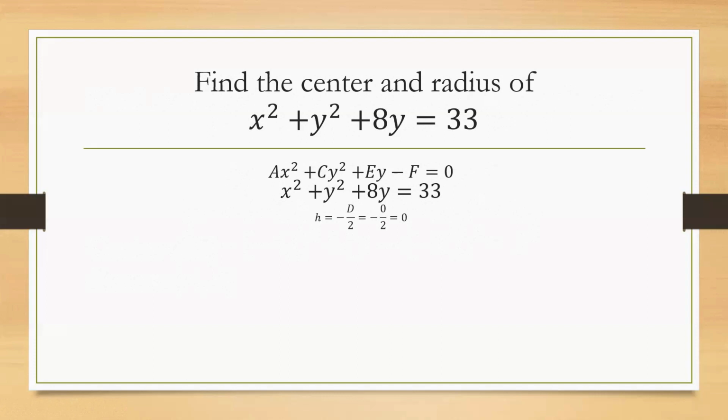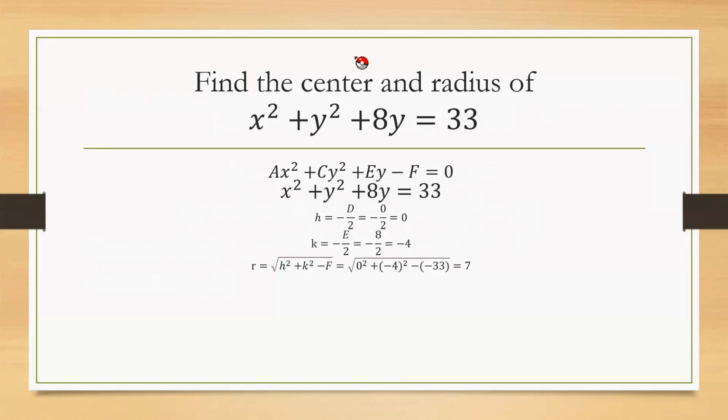We follow the formula -d over 2, and for k, we follow -e over 2, and for our r, we follow the square root of h squared plus k squared minus f.